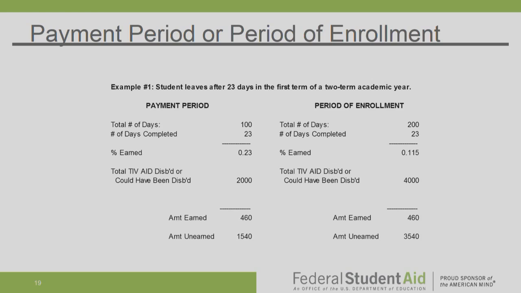If you use the period of enrollment in this example, then you would include that second payment period as part of that period of enrollment to have 200 total days, still completing 23 days, therefore they've earned 11.5% of their Title IV aid. Again, there you'd be adding the other payment period, so the Title IV aid disbursed or that could have been disbursed is $4,000, reflecting that they've still earned $460, but increasing the amount that was not earned to $3,540.